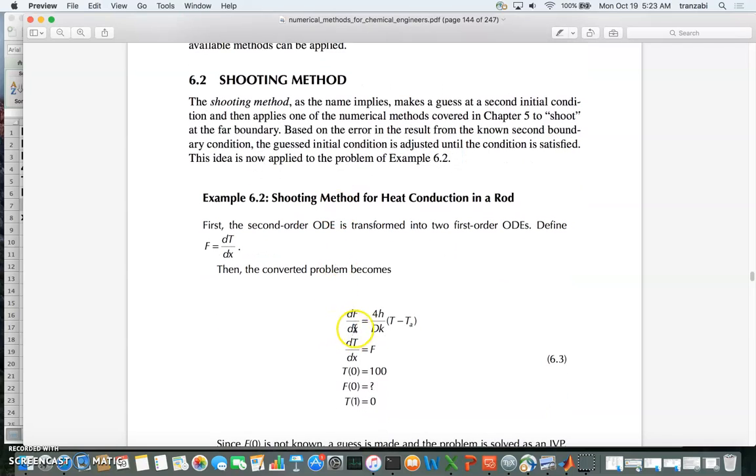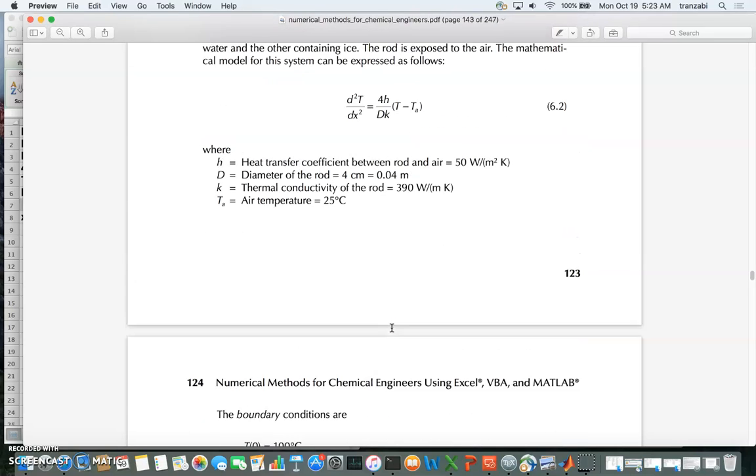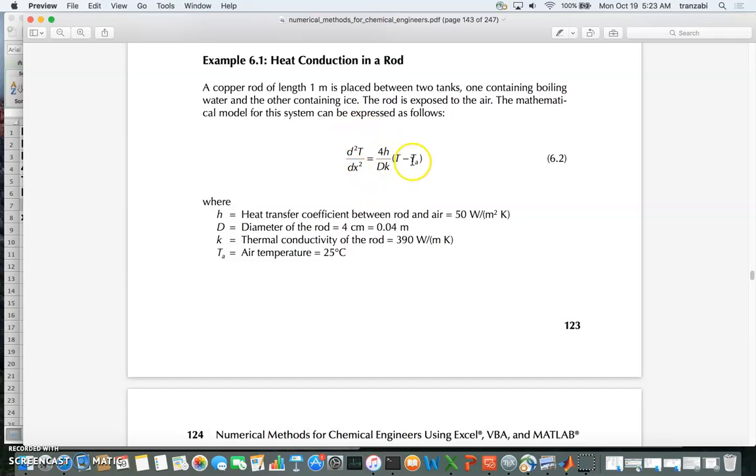Okay, let's see. If f is the first derivative of t, then the second derivative of t with respect to x is going to be the first derivative of f. So the second derivative of t with respect to x, which is the first derivative of f with respect to x, is equal to the right-hand side. So far I just rewrote the first equation in terms of f, right?